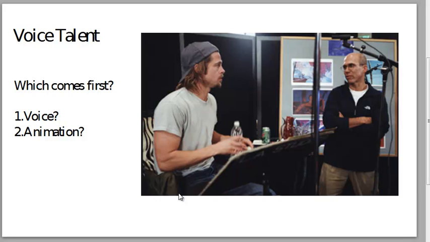The voice actor does their recording, then comes the animation afterwards. As a storyboard artist, the voice will inform the way you're boarding the storyboards and help you interpret the boards. A great character voice can really help lift everything.